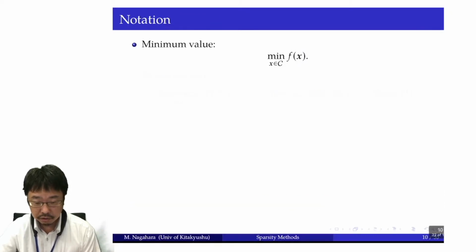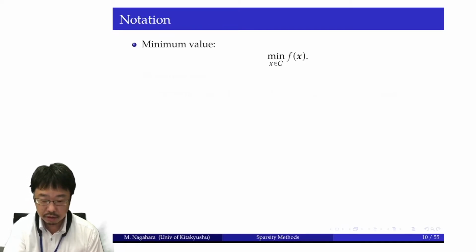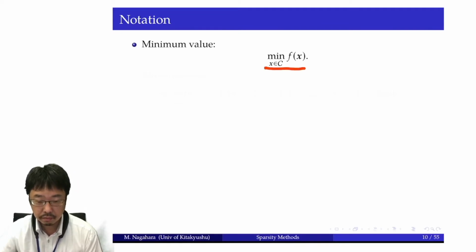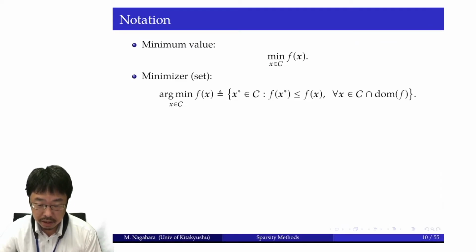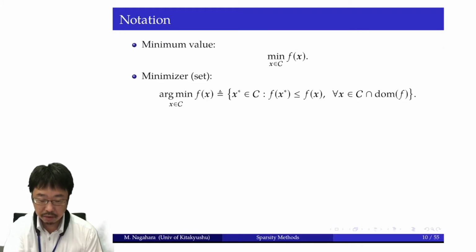Let's review notation in optimization. The minimum value of a cost function is written as min x in C f of x. The minimizer, or the set of minimizers, is described by using argmin like this.